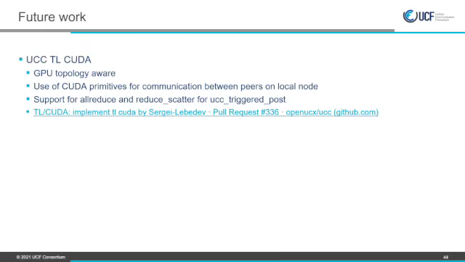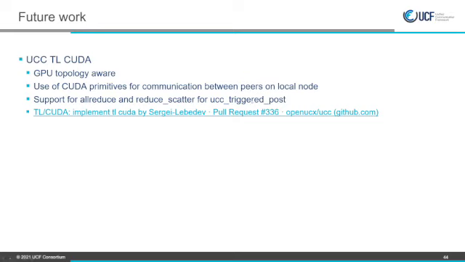For future work, I want to mention that we want to implement a new TL called UCC TL CUDA. This TL will work on a team that spans one node, so all ranks are reachable through NVLink. This TL will be GPU topology aware, so it will know about NVSwitch or hypercube mesh topology.